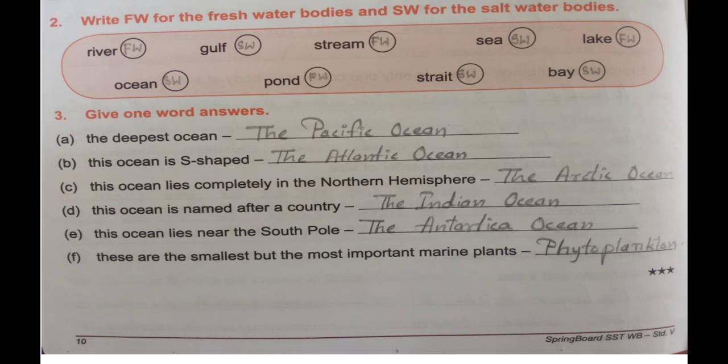The first one is river. The river's water is fresh water, so in the circle you have to write FW. Next, gulf. It has salt water, so you have to write SW.